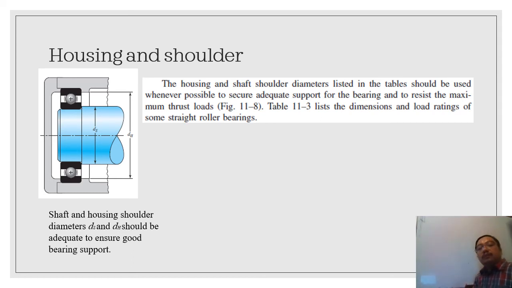This is how you stop all the vibration. If you remember the shaft chapter, you learned about the shoulder. Whenever there is vibration, it will stop at the shoulder. This is why the shoulder is important.